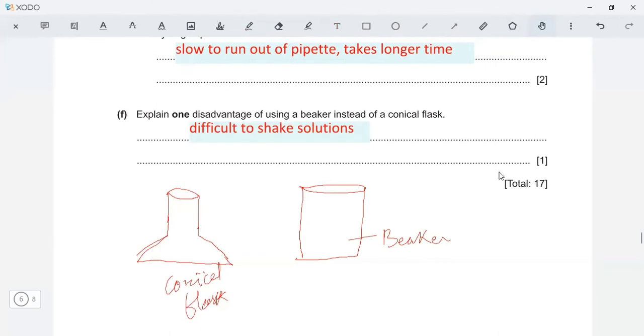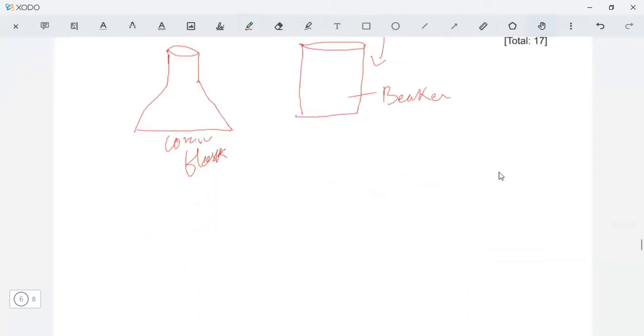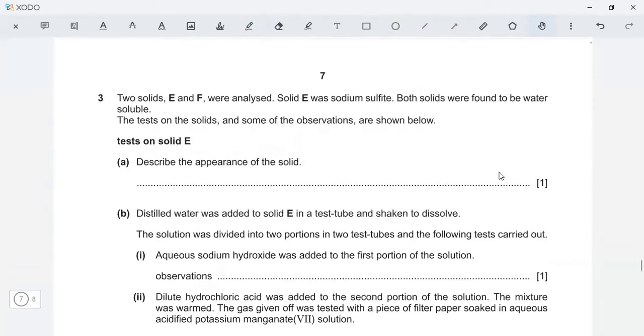So that is the disadvantage of a beaker. The conical flask diagram seems ugly, it's not a proper diagram actually. A conical flask is supposed to be like this. I'm drawing with the mouse, so it's not a proper diagram. Okay, fine. So let's come to question number 3.